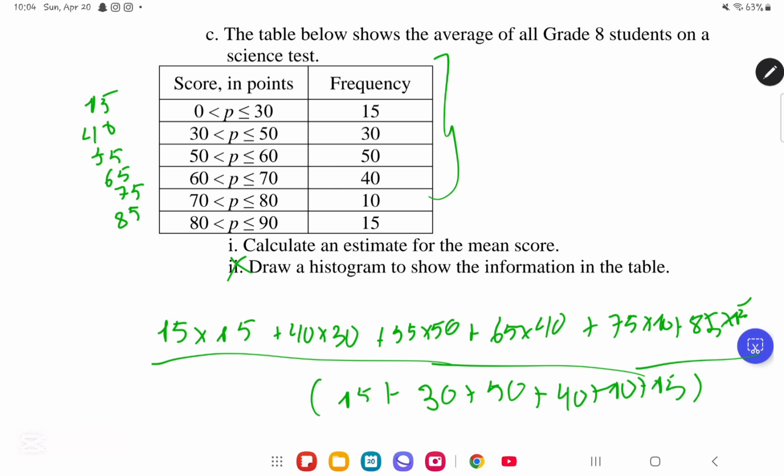Okay, put it on your calculator. So you put it on your calculator and you will get that the mean is going to be 55.